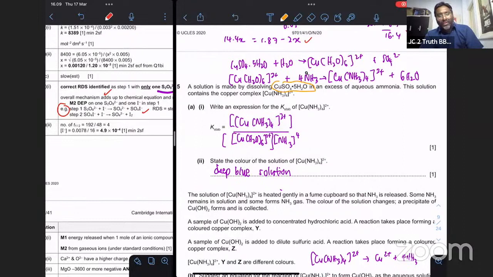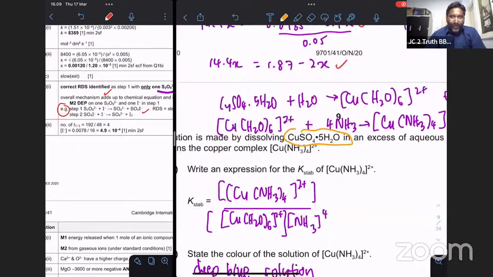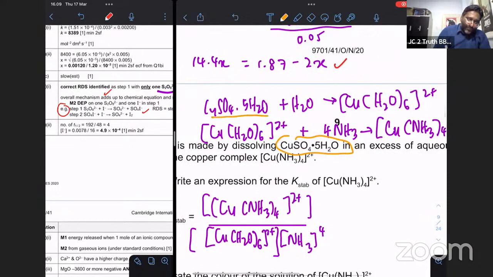So what you do, when you put in excess aqueous ammonia, the aqueous ammonia contains water. So if you have CuSO4·5H2O, this is the assumption. Maybe most of you don't know this, so take note.